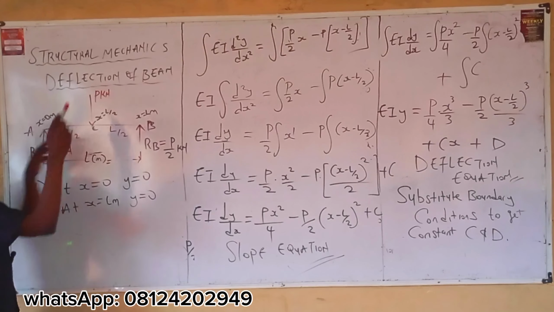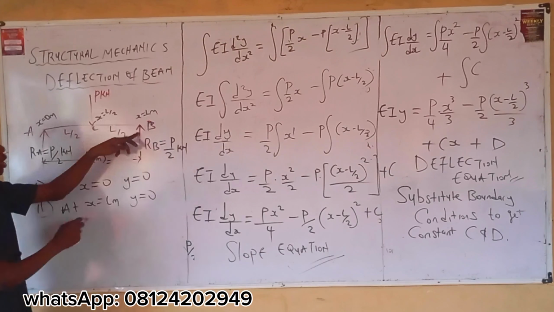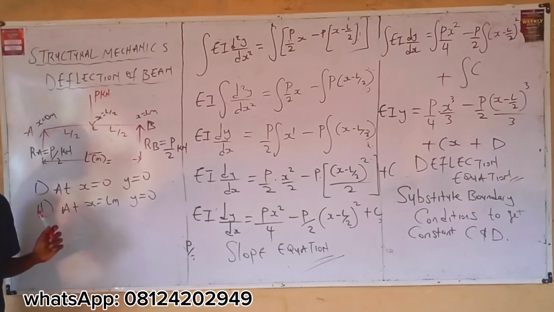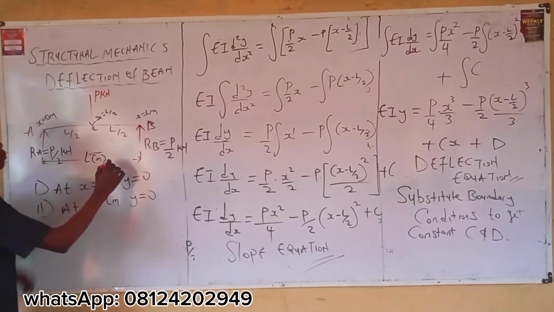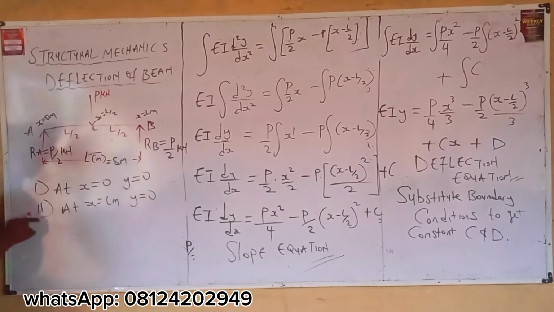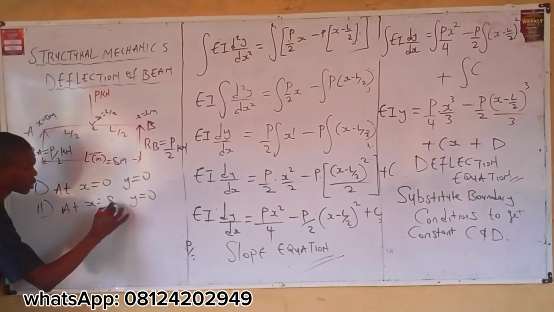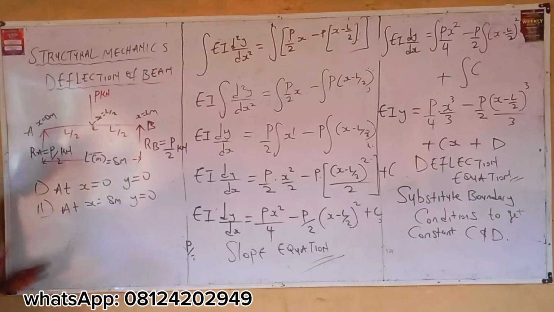At x equals L meter, the value of y is still 0. Let's say the total length of your beam is 8. Then for the second boundary condition, x should be 8 meter, and y will still be 0.